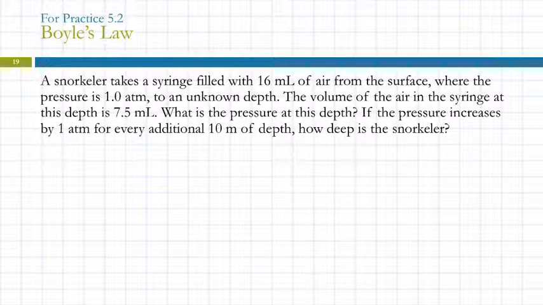So we've got some water, right? So here's the surface of the water. And it says that the snorkeler takes a syringe with air from the surface. So let's draw a syringe up here. I'll just leave the needle off. And the syringe up here, and it tells us what the volume of the air in there is. It's 16 milliliters.